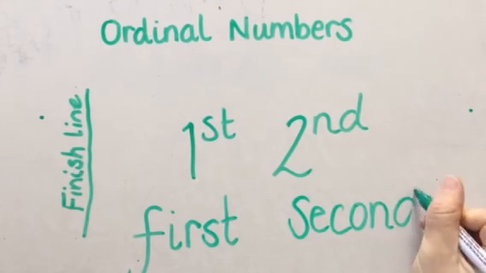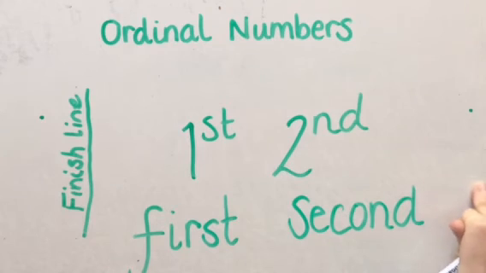Second. And also, boys and girls, you can do things like ordering your day. First, when I waken up, I have my breakfast. Secondly, the second thing that I do is I brush my teeth and put my clothes on. The third thing I do is go to school.